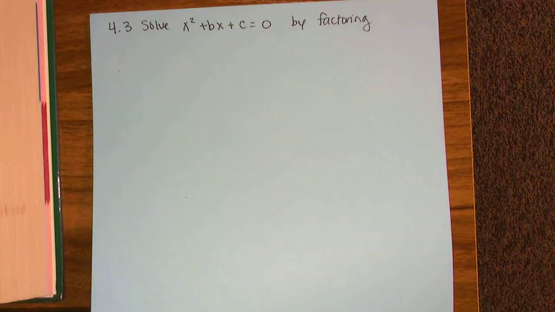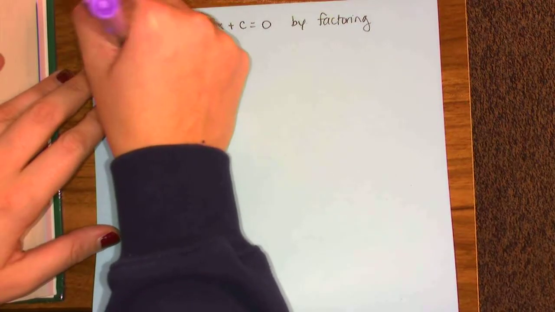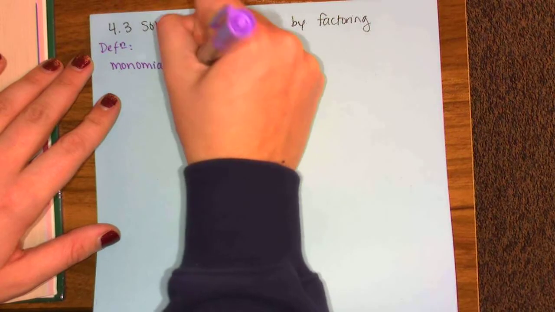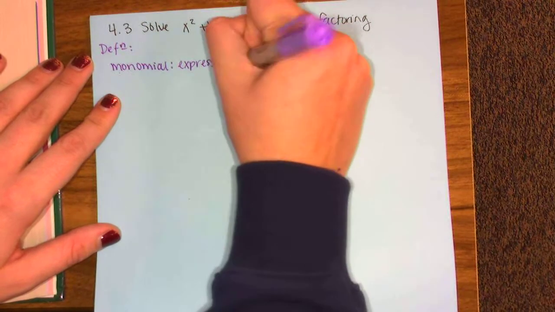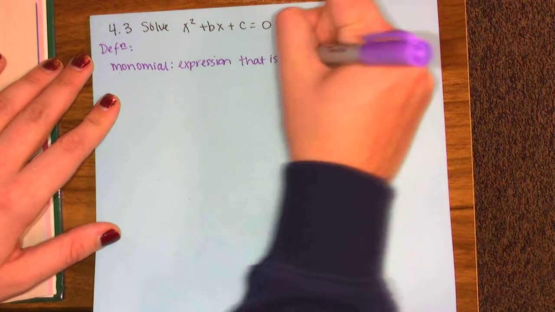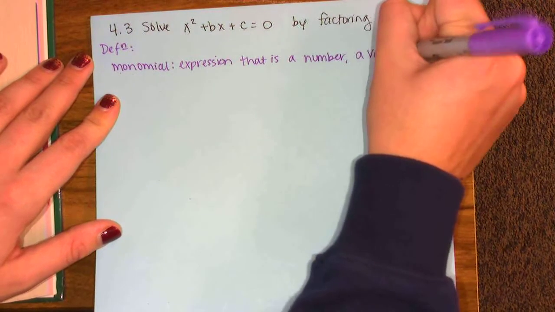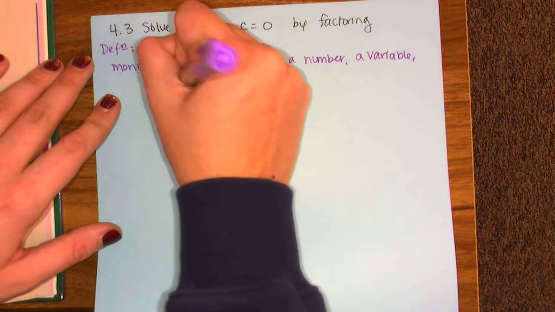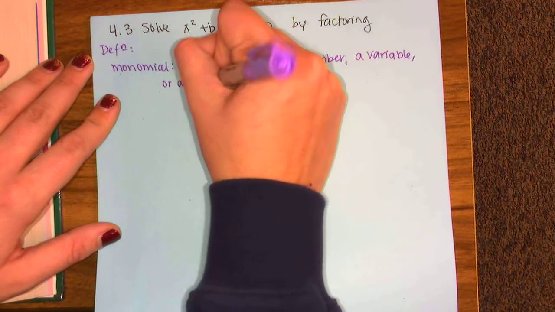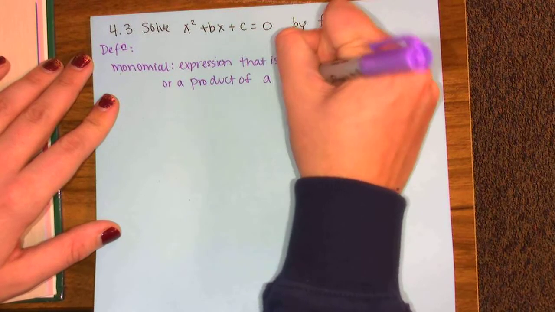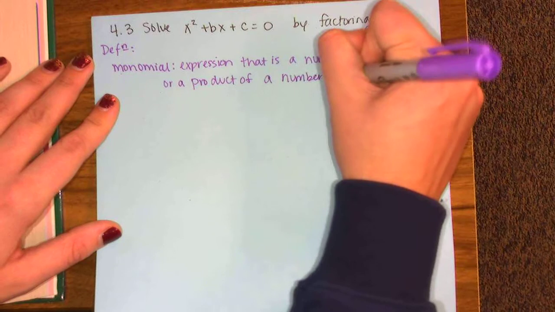But just to get a few definitions here that are important. A monomial is an expression that is a number, a variable, or a product of a number and one or more variables.